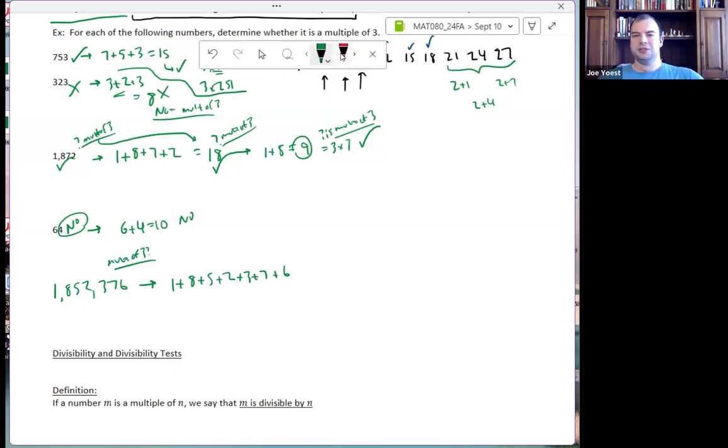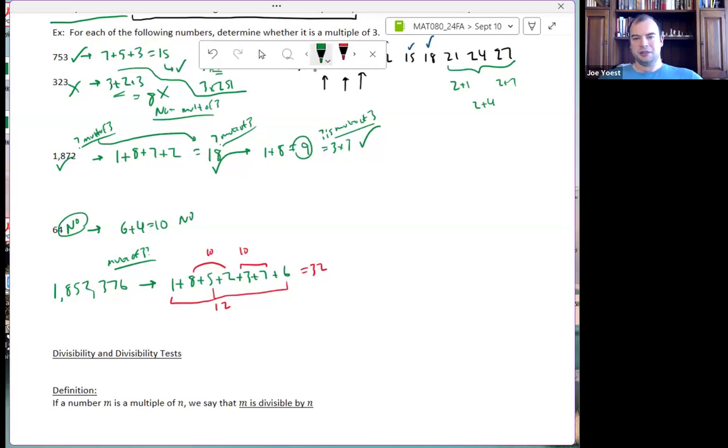When I'm adding a bunch of digits like this, sometimes it's helpful to group them. 7 plus 3 is 10. 8 plus 2 is 10. 6 and 5 is 11 plus 1 is 12. So I have 12 plus 2 tens. So that's 32.